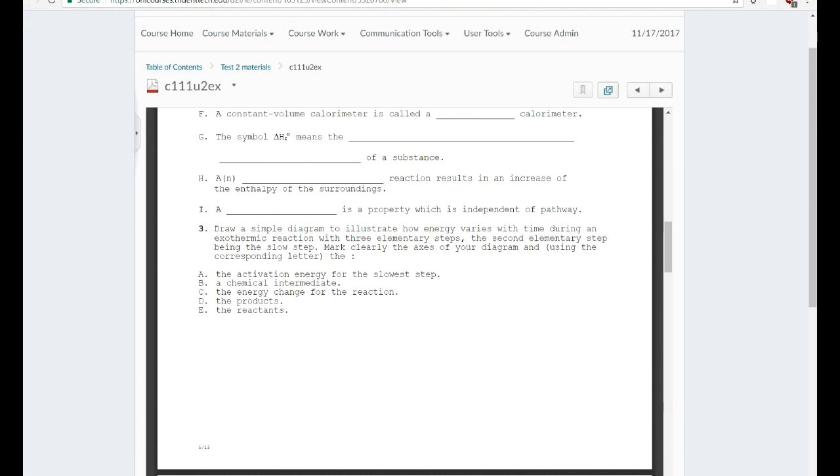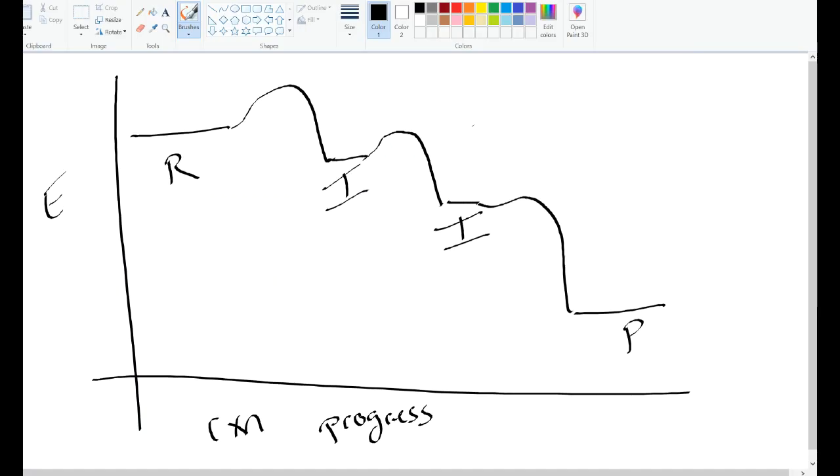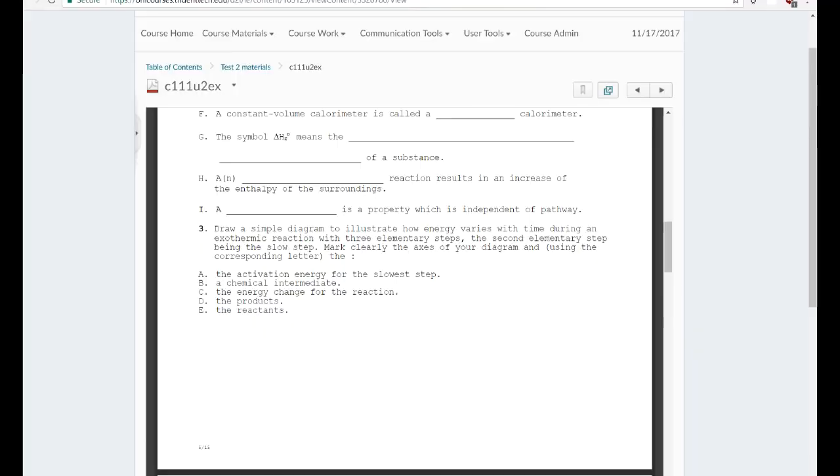So here we see it asks for the activation energy for the slowest step, and that is step 2. So that would be right here. EA for step 2. That would be A. They're also asking for a chemical intermediate.